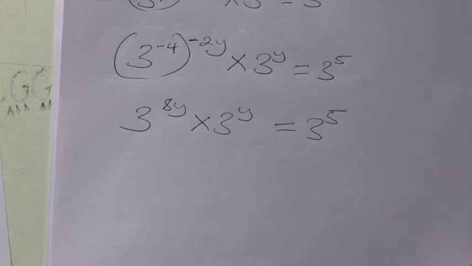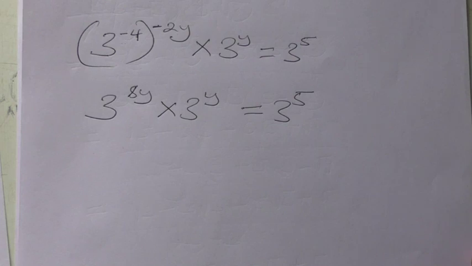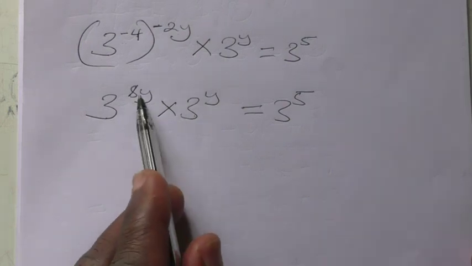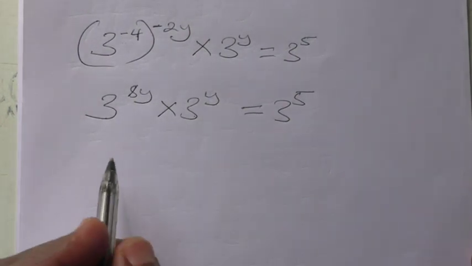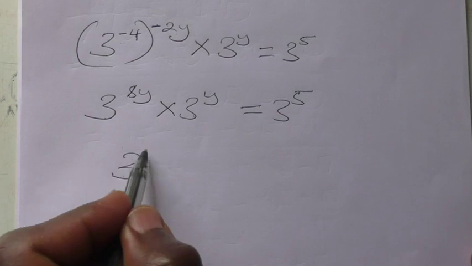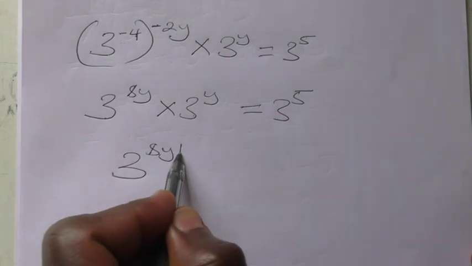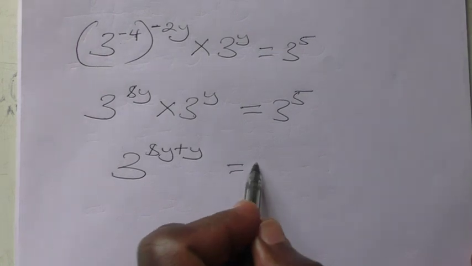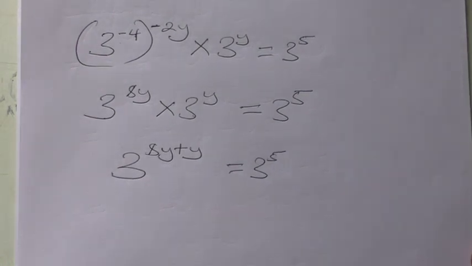We have another law of indices which says that if I'm multiplying the same bases, I simply add the powers. So that gives me 3 power 8y plus y equaling 3 power 5.